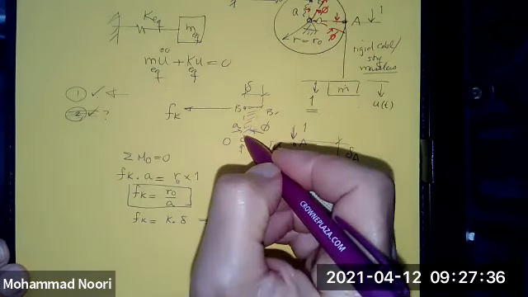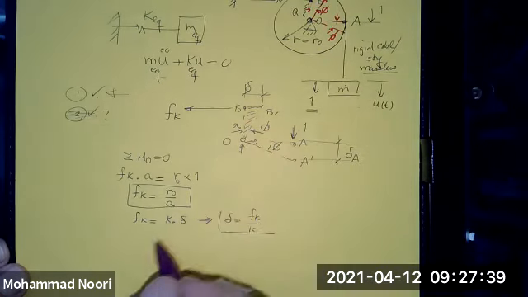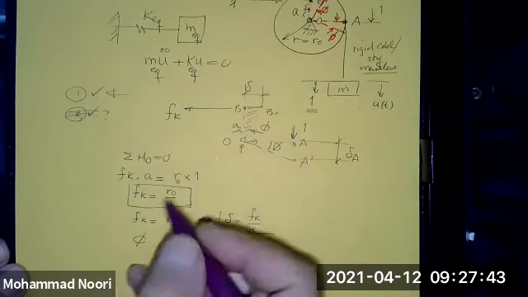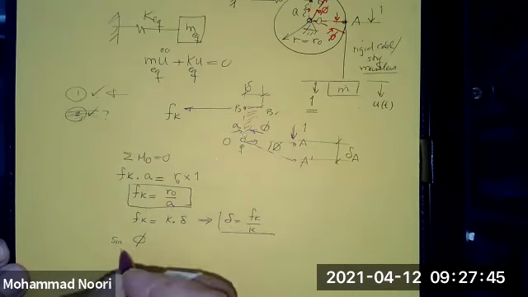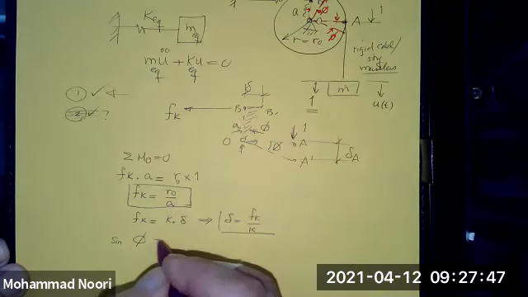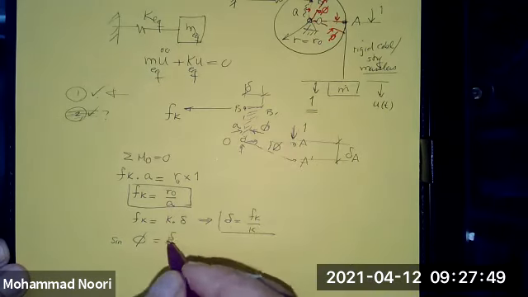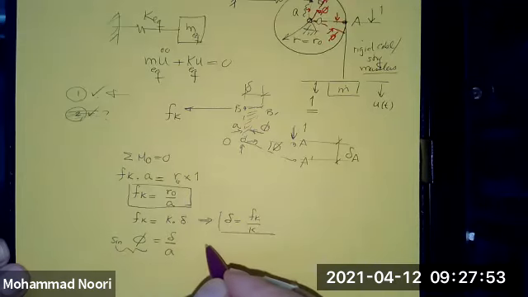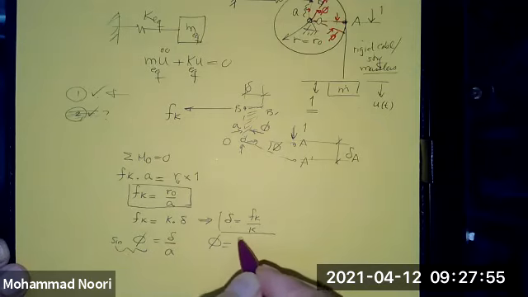In this triangle, you can see sine of phi is delta over a. Angle being small, that means phi is delta over a.